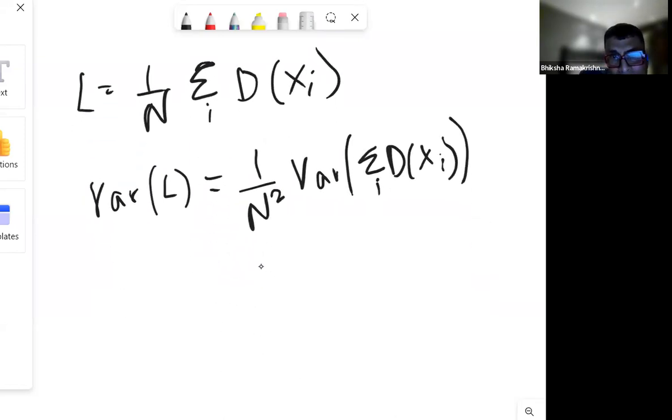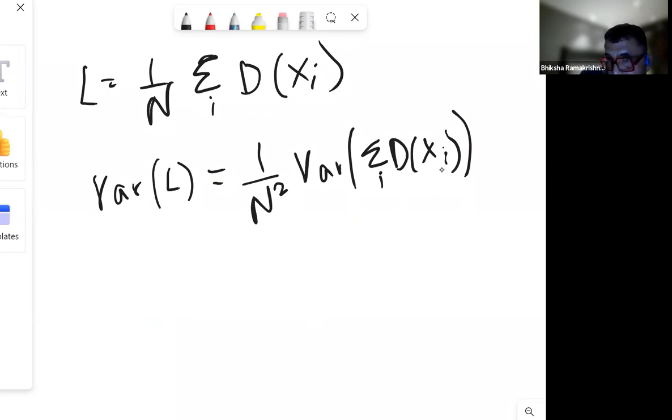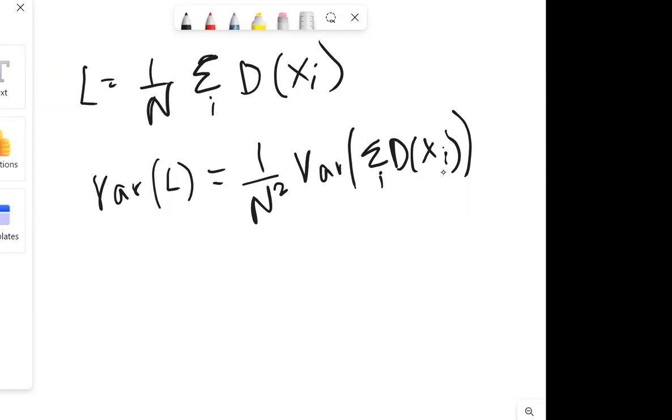Now, each of my training instances is independent. So this d of xi is going to be a collection of n independent random variables. What is the variance of the sum of a bunch of independent random variables? It's simply the sum of the variances of the individual numbers, right?